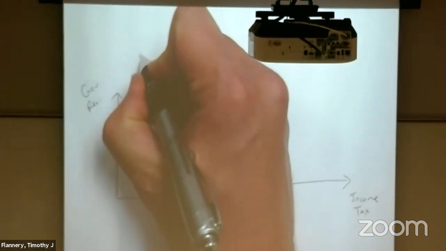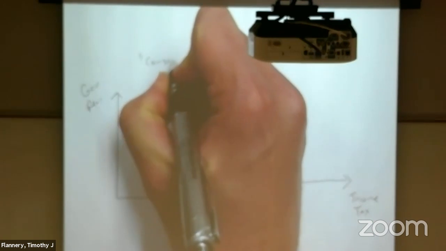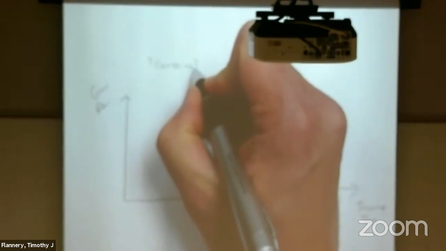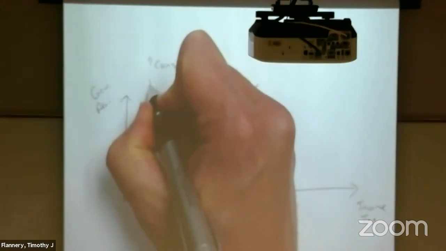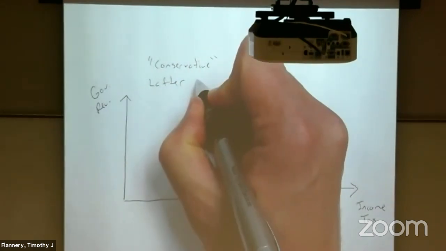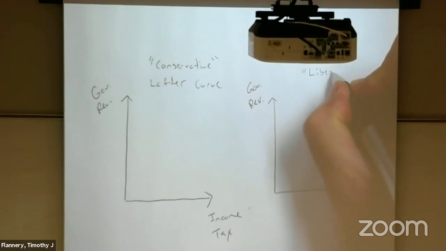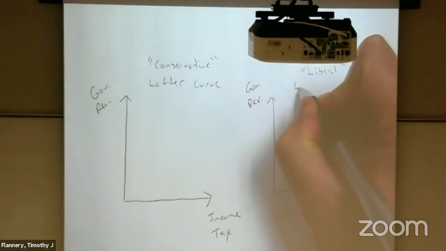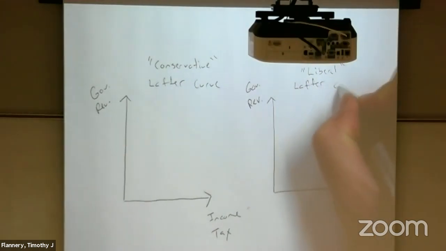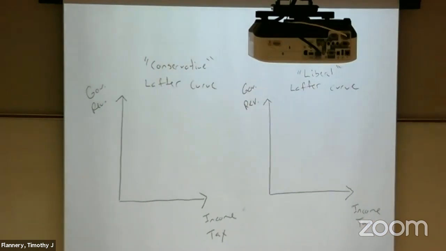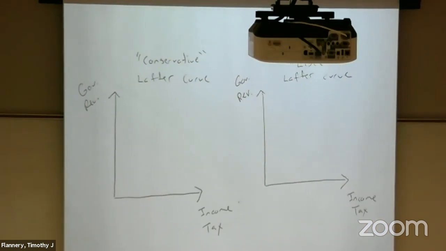So I'm going to call this right here a conservative Laffer curve. And over here, I'm going to call it a liberal Laffer curve. You'll see why when I'm done, hopefully.